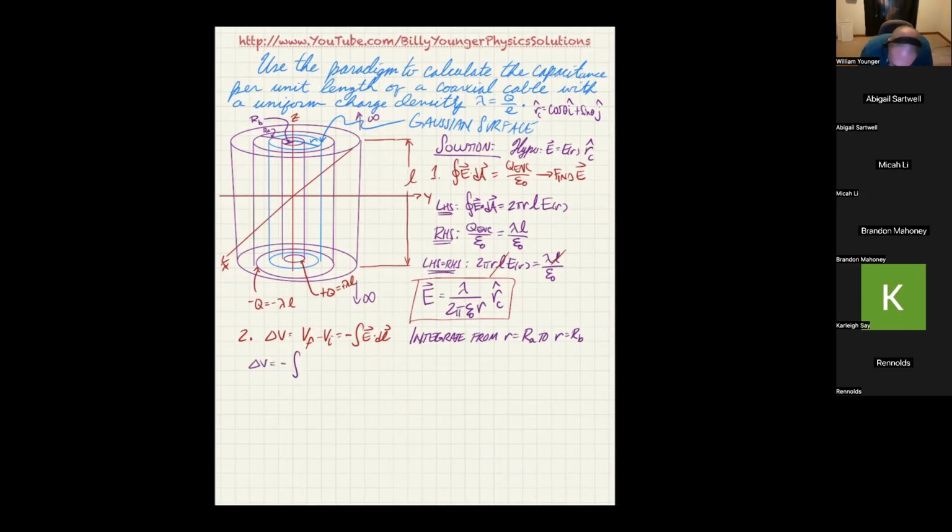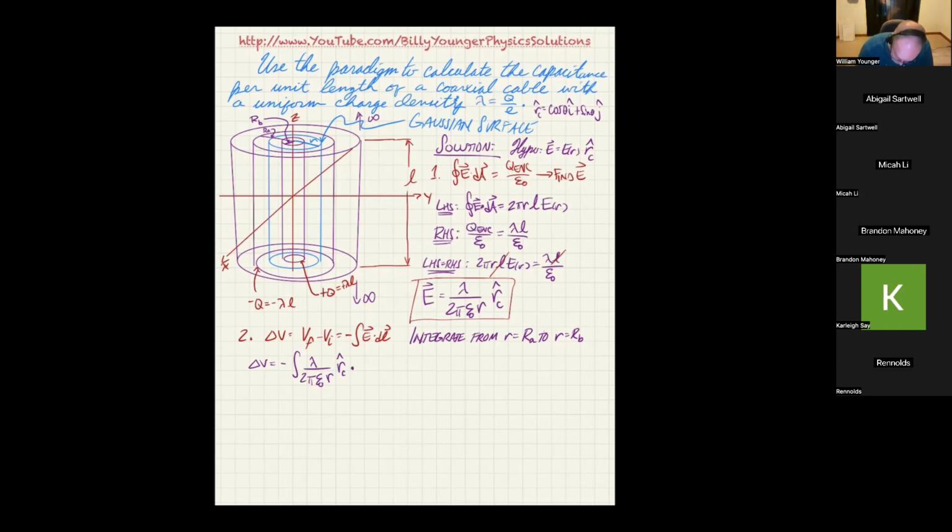We've already found out that the electric field is lambda over 2 pi epsilon naught R, R C hat, dotted with. Now this time I'm actually going to use the range of integration to dictate, to show everybody which way I'm going.